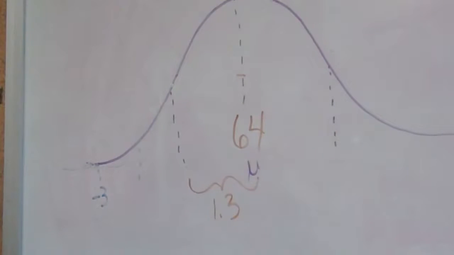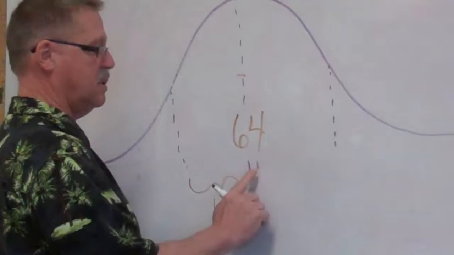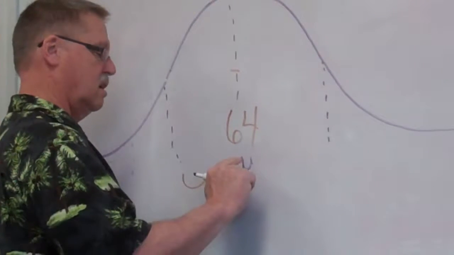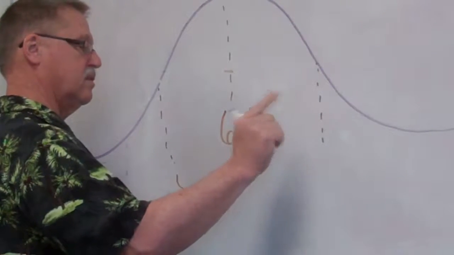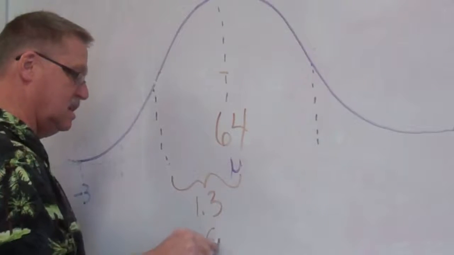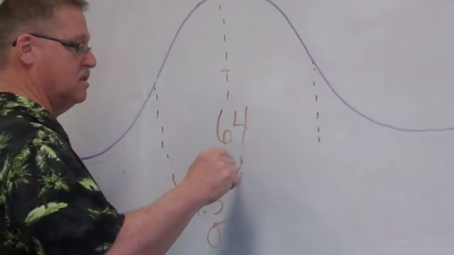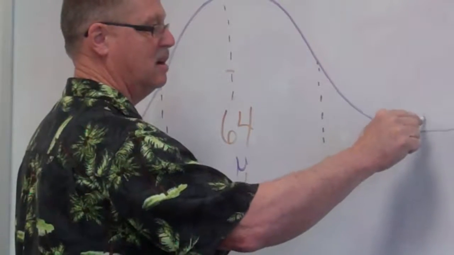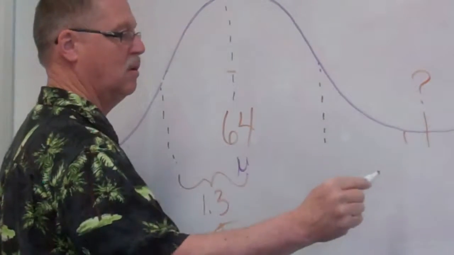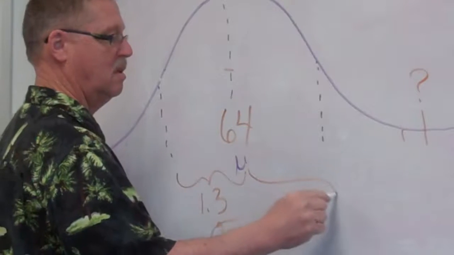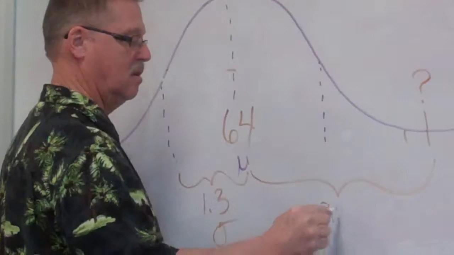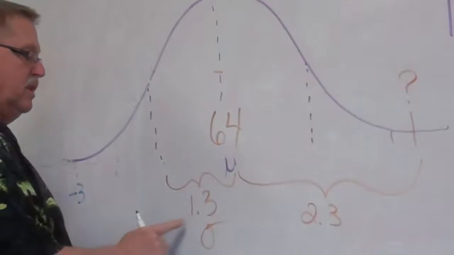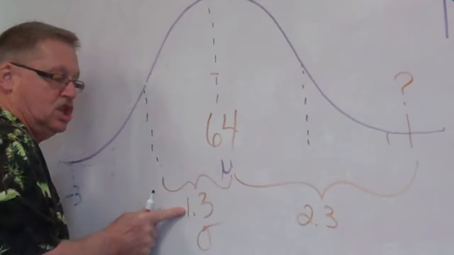2.3. So z is talking about a spot 2.3 deviations to the right. So it's going to go da, da. It's like way over here. And they want to know where you are, I suppose. It's going to be 2.3 of these, Mitch.